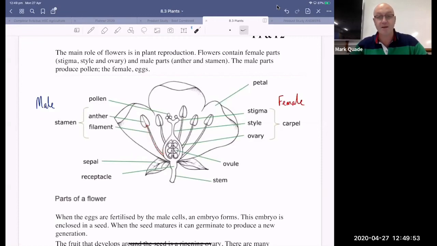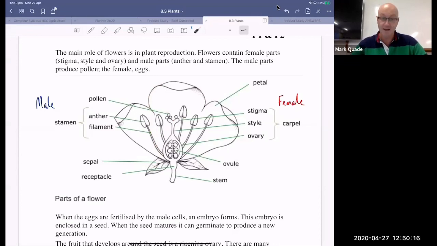Now you'll see that we have this elongated filament. In self-fertilizing plants, so plants that use their own pollen to pollinate themselves, we will see that this filament will be up higher so that the pollen can fall down onto the female bits. If it is not a self-fertilizing plant, we'll often see shorter filaments.